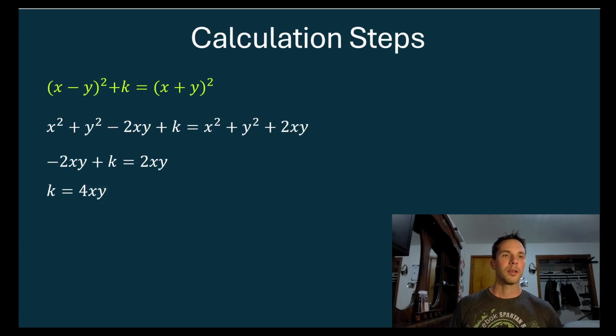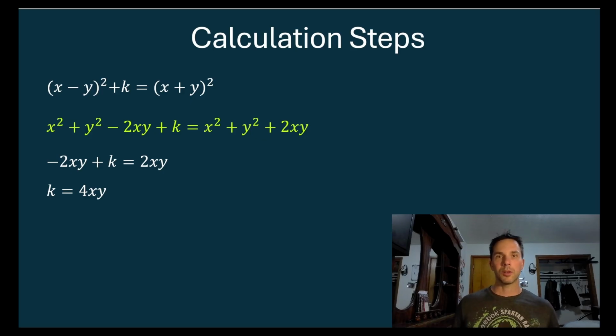So first, we're going to start with the left-hand side, where we have some number (x minus y) squared plus some number k equals (x plus y) squared. You expand both sides, where we have x squared plus y squared minus 2xy plus k, and then x squared plus y squared plus 2xy.